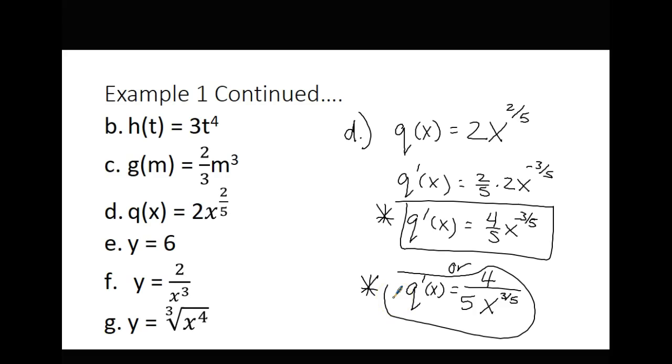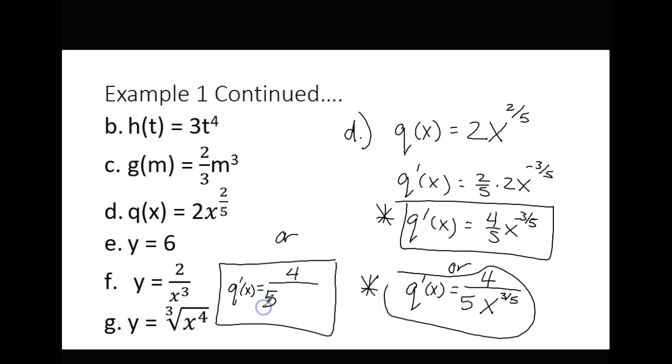And then Brody mentioned something as well. And what you were thinking of is this. When you have a fraction exponent, you guys remember what that does? Those make roots. Okay? So another way you can write your answer is you could say q prime of x is equal to 4/5, and you could rewrite this as a radical x, where the 5 tells you what kind of a root it is.